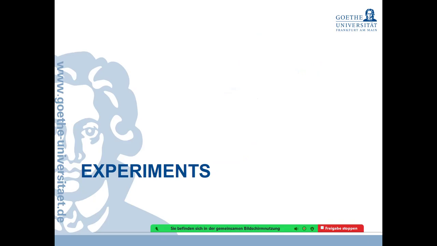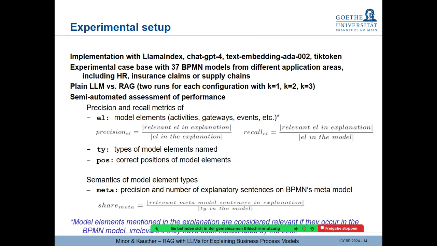We've conducted some experiments on this, on an implementation with the orchestration framework Llama Index, where we orchestrated the generator module with ChatGPT-4 and the retrieval model by means of an embedding-based similarity measure, cosine similarity, using OpenAI's embedding model, text-embedding-ada-002, and tiktoken as a tokenizer library.